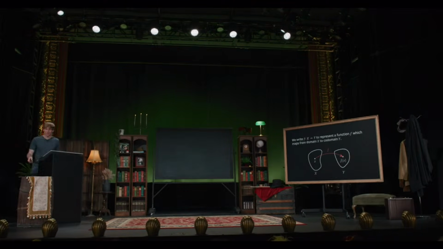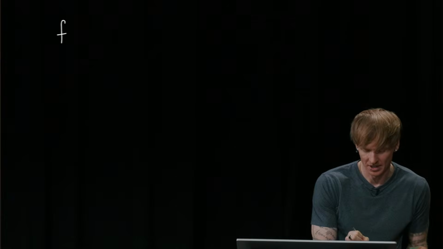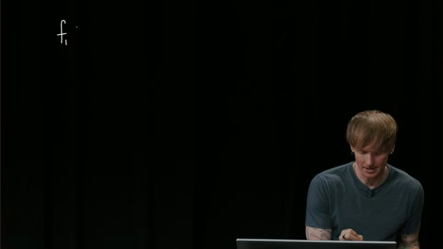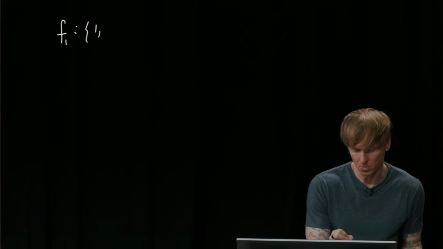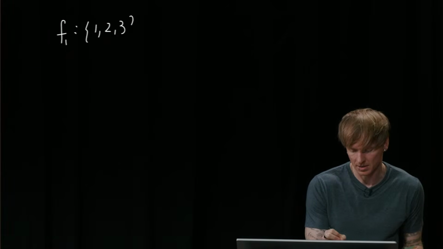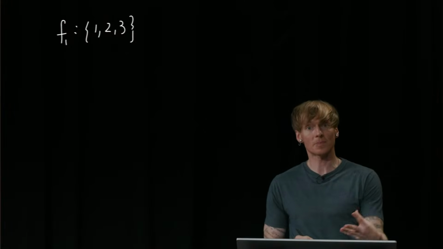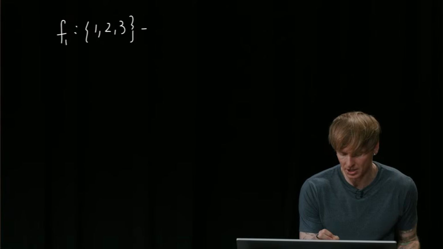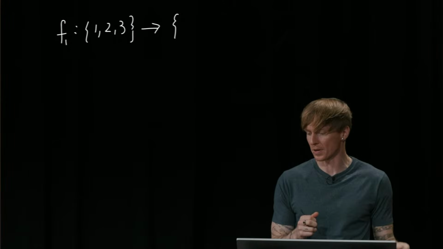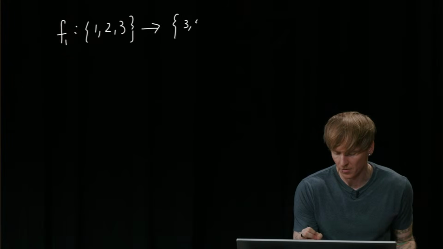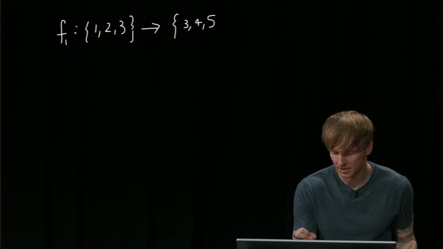And these ones will not feature bananas, unfortunately. So let's look at the following function. Suppose I have a function, I'll call this f1, and this is going to map between the domain 1, 2, 3, a set of 3 objects, and into the codomain, our collection of outputs, 3, 4, 5.